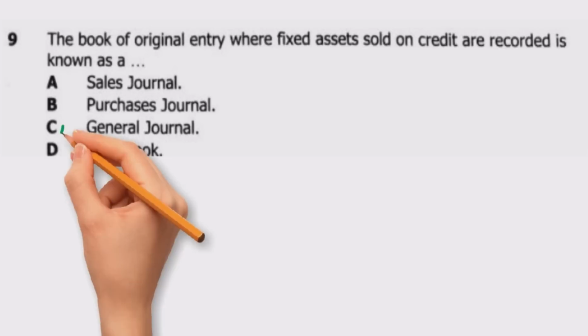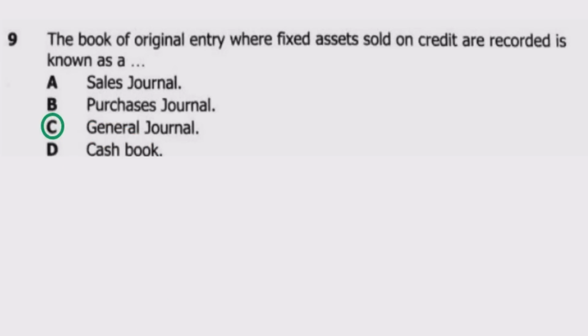The correct answer is C, general journal. The book of original entry where fixed assets sold on credit are recorded is known as general journal.